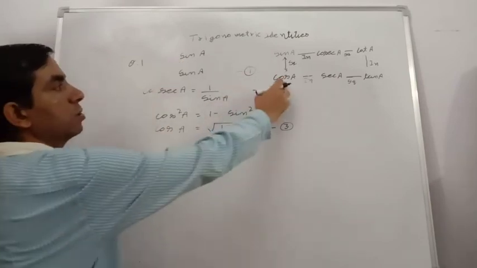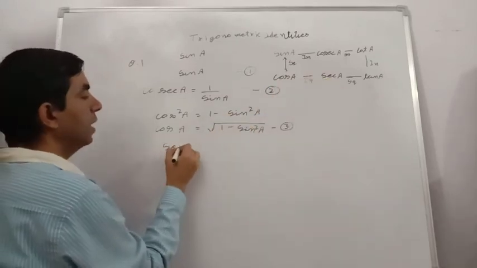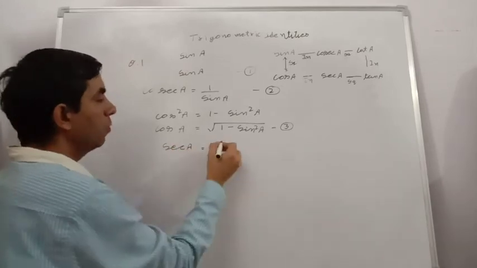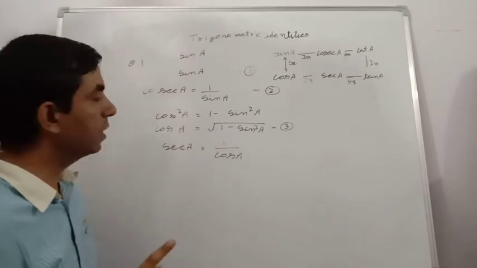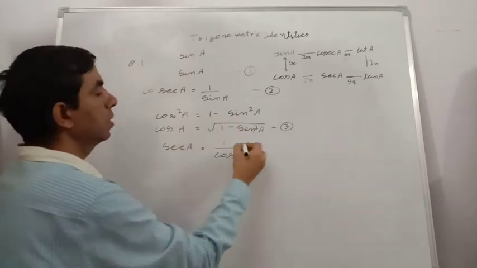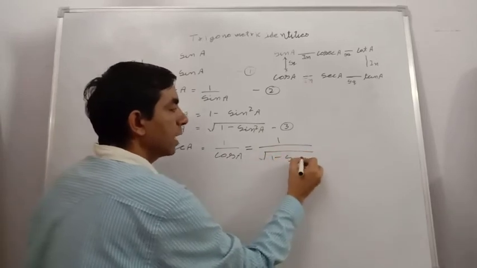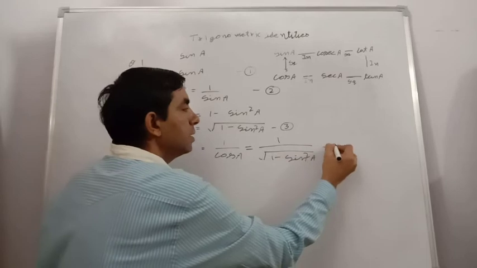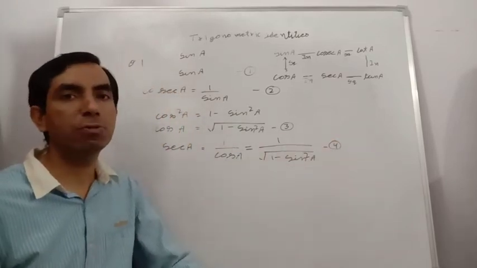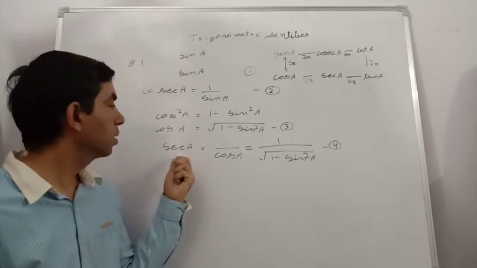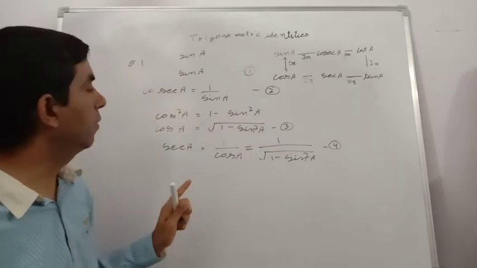Next step, cos is connected to sec A with the inverse formula. So sec A is equal to 1 upon cos A. And we know that it is the inverse of this, means sec A is equal to 1 upon root 1 minus sine square A. So we have already converted sec A in sine A. Four things are converted.